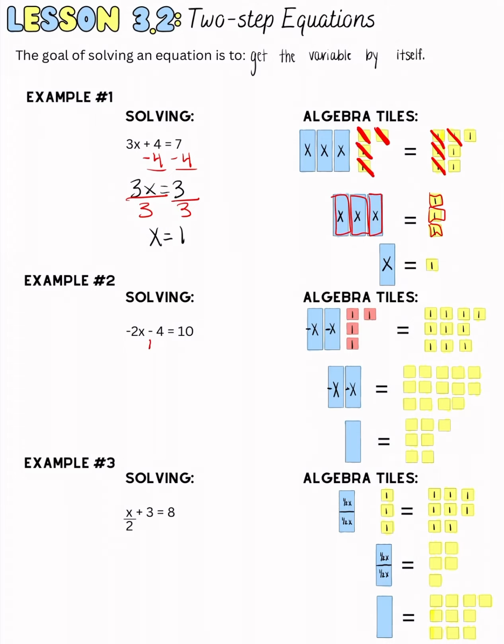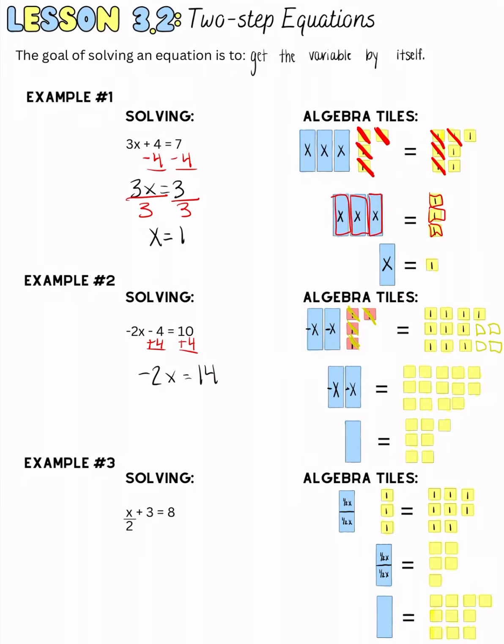So I'm going to add 4 on both sides. So when I add positive 4, a positive and a negative cancel each other out. But over here, I'm actually adding 4 more positives. Okay, so then I'm left with negative 2x equals 14.